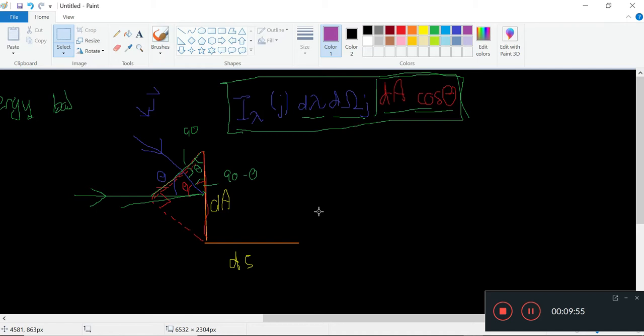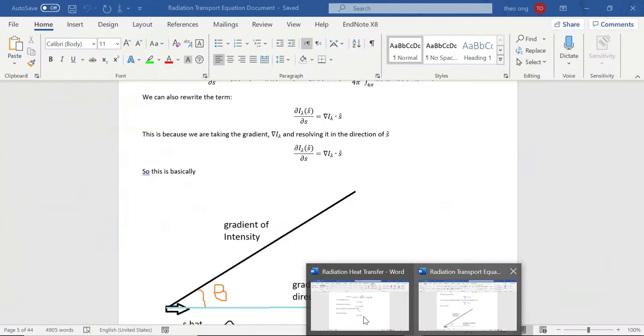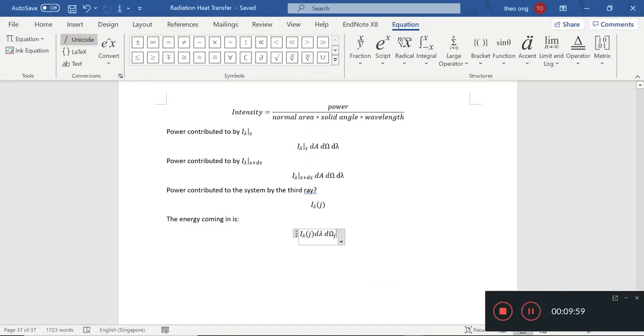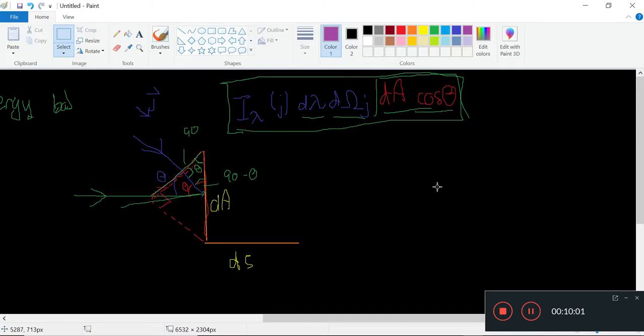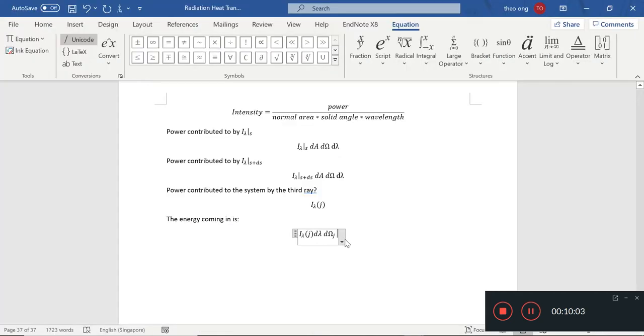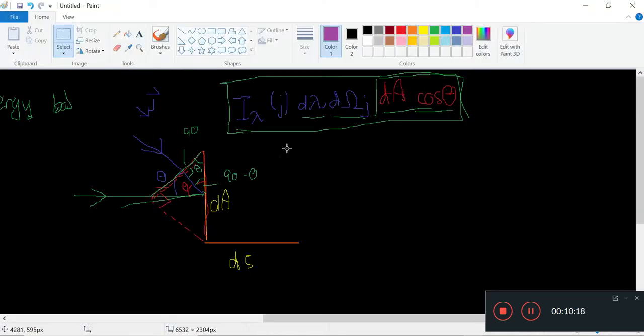So the energy coming in there is dA, I mean the normal area is dA cos of theta. Alright, so this is the theta here.